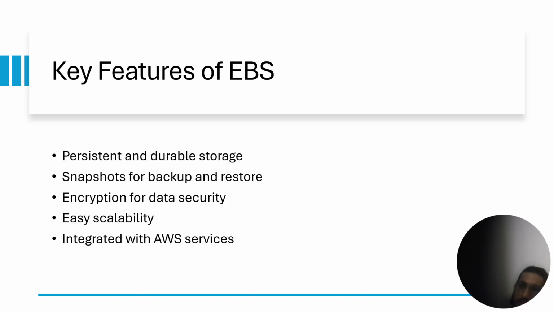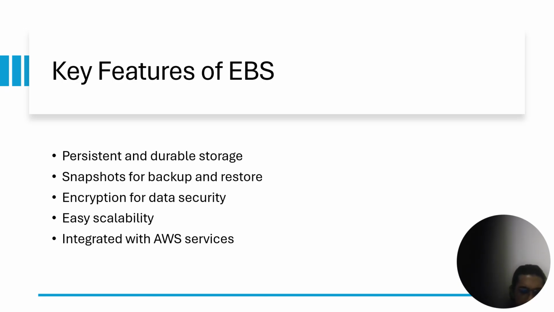Okay, let's talk about some of the features of EBS. First of all is persistent and durable storage, meaning that data stays intact even when the instances are stopped. You can also take a snapshot of your volume and restore it to a point in time. Backups are stored in Amazon S3.